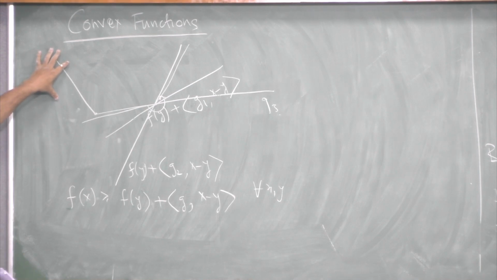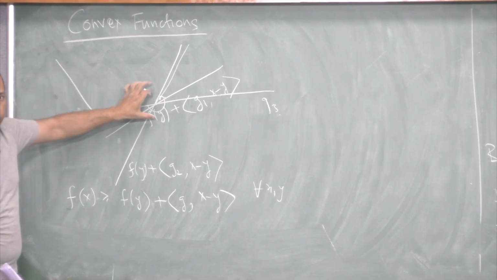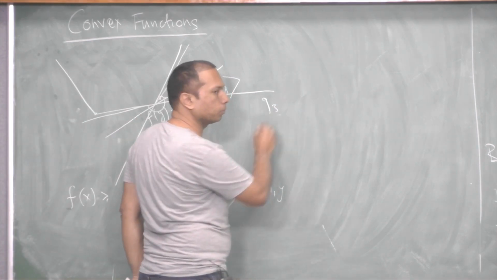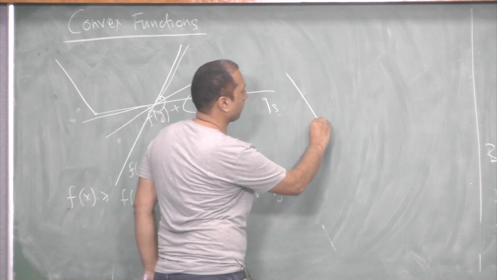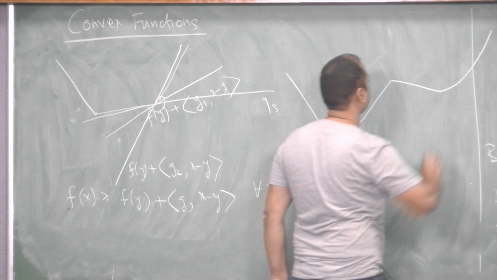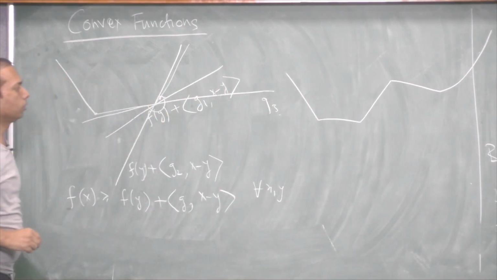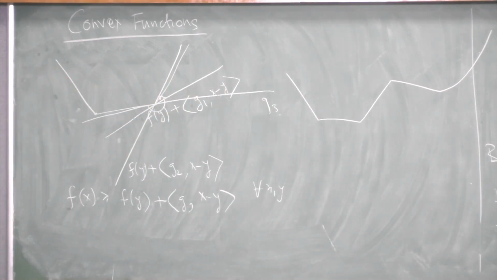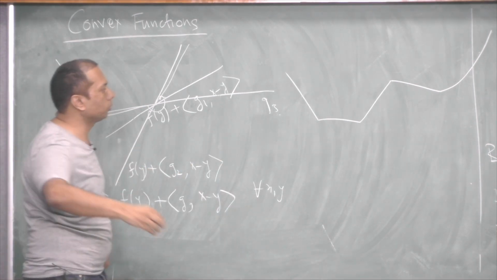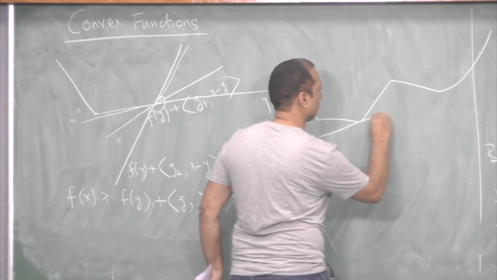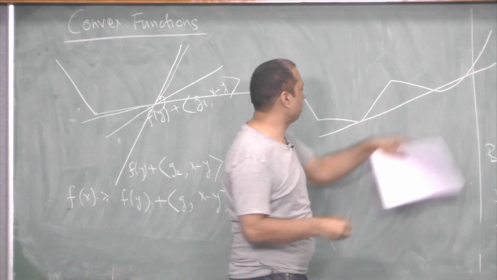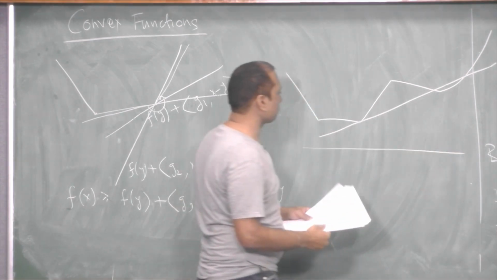In general, the function can be non-convex also, but non-smooth. It may happen like this, but then defining this for all x and y, or globally, won't work because the function crosses the line.